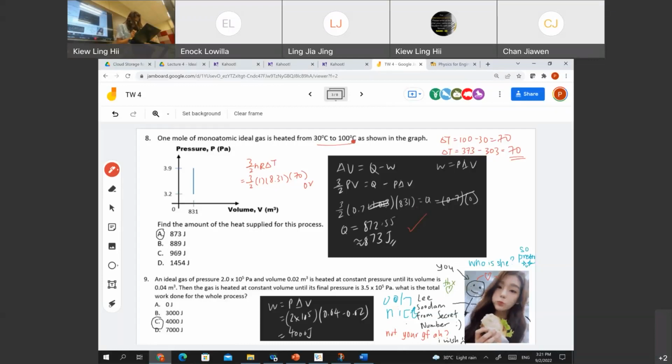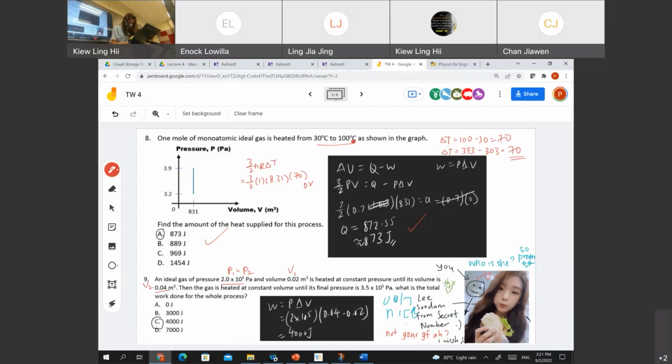Question 9. A gas at pressure P1 and volume V1 is heated at constant pressure until the volume is V2, which is 0.04. Constant pressure means P1 equals P2.